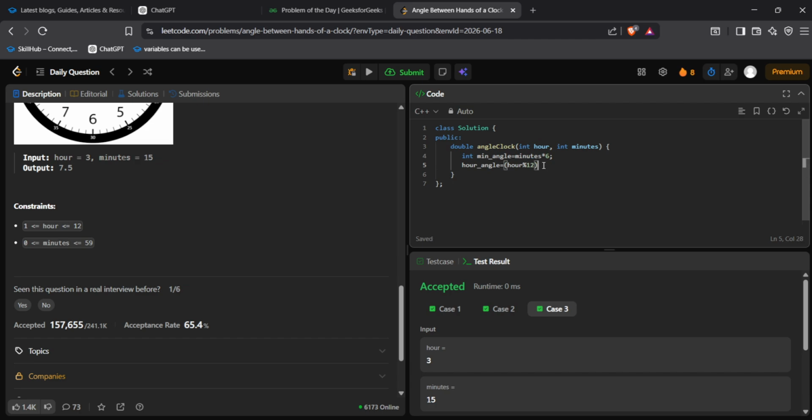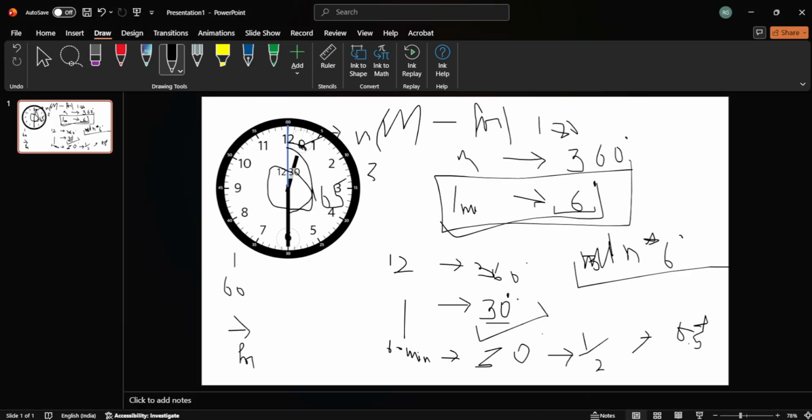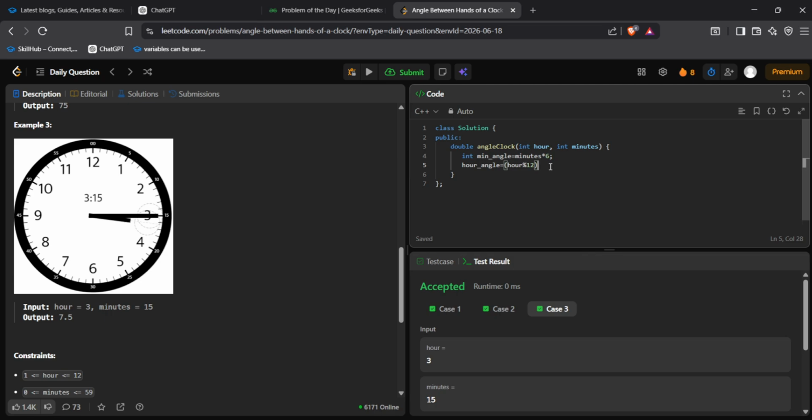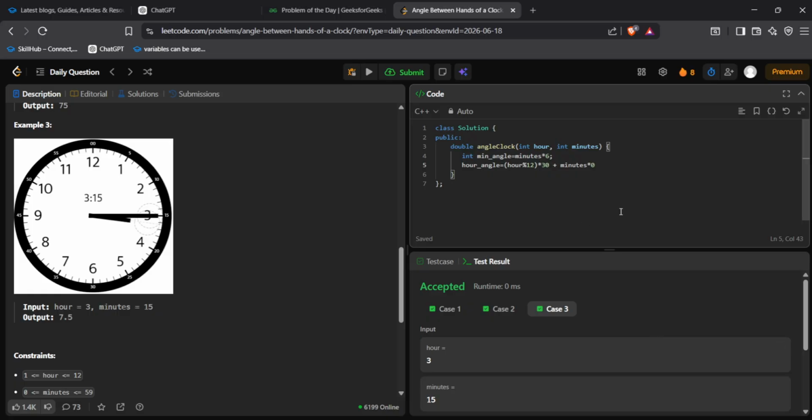For the hour hand, in 1 hour the angle moves 30 degrees, so I will do hour times 30 plus, for the minute, minute times 0.5 degree. As 0.5 is a double data type, I will use double here.